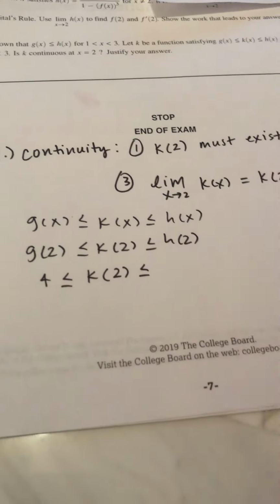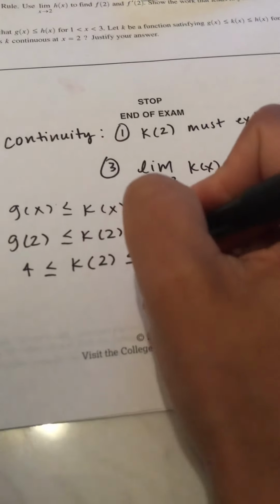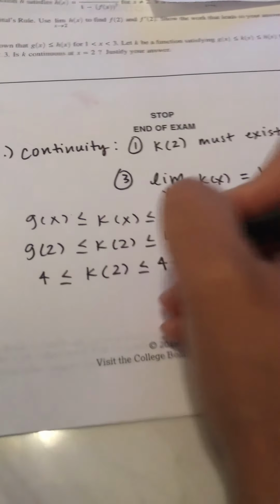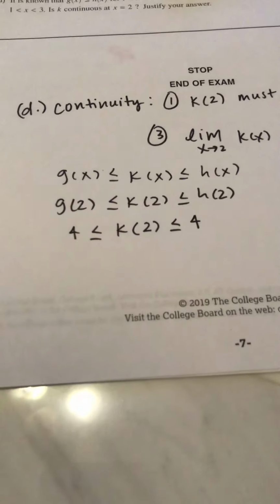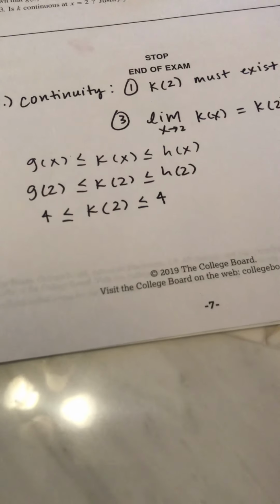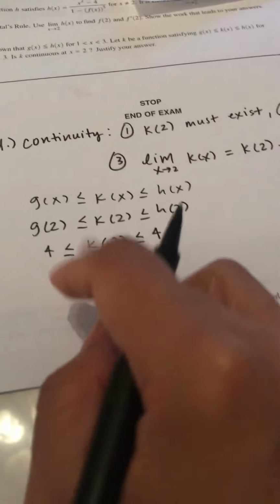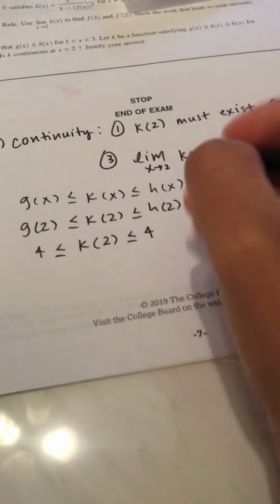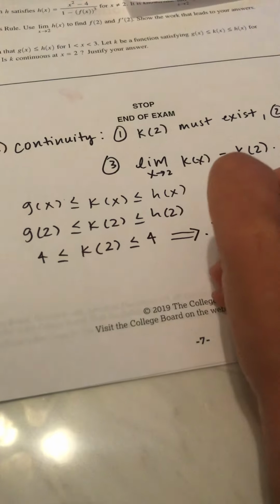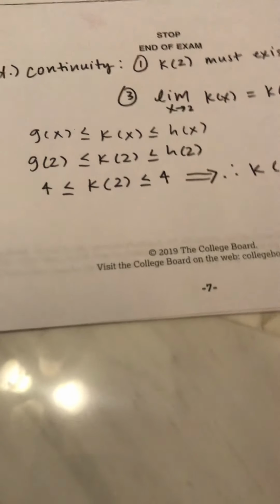And this is low-key the squeeze theorem here. So what is the only number in the world that will make this correct? Only if k of 2 is equal to 4, right?